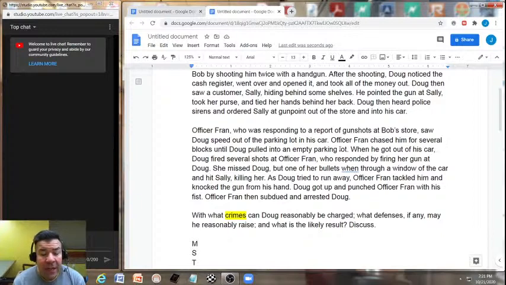And this is indicating that indeed, Doug is still engaged in the perpetration. He hasn't entered a place of seeming safety or a safe harbor. These facts are all indicating that safe harbor has not been achieved. Why do I say that? An officer is chasing Doug. When he got out of his car, Doug fired several shots at Officer Fran.